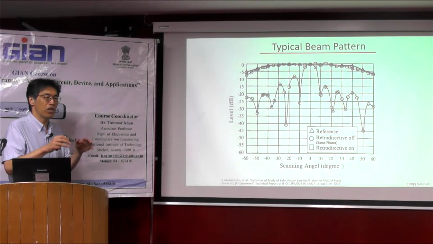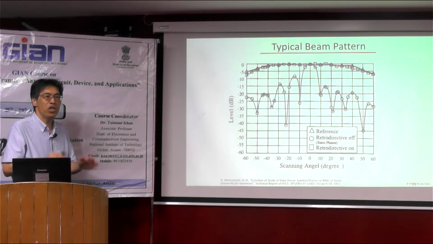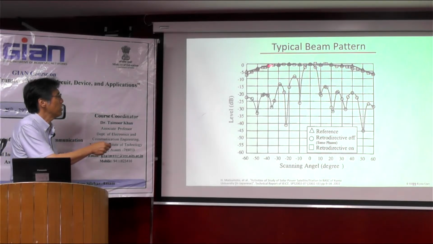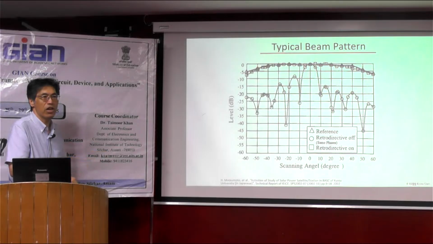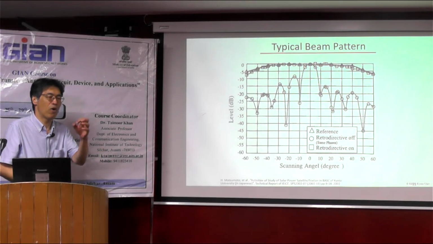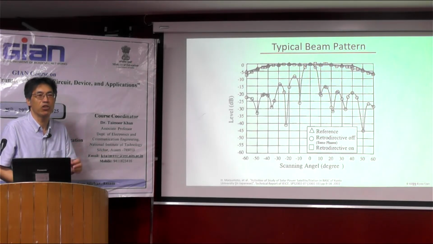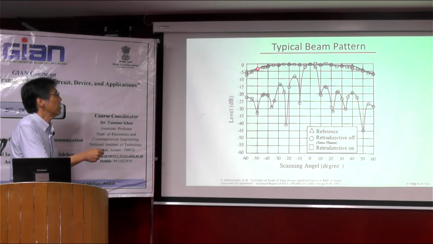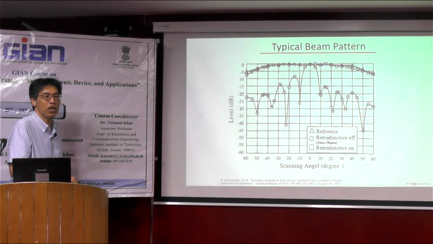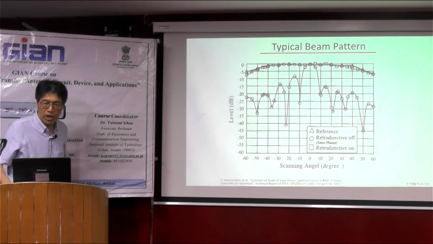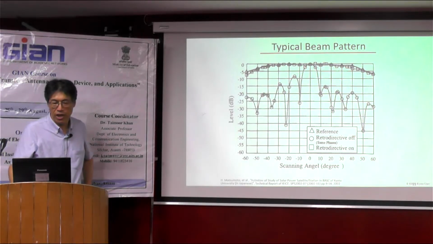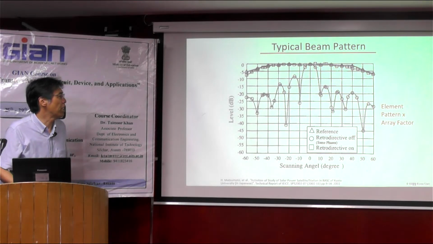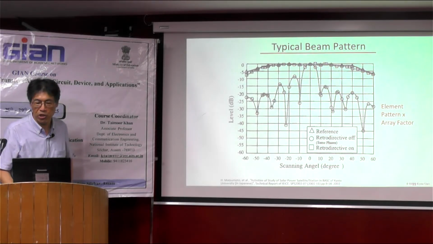But this beam pattern keeps the element pattern, the beam pattern of one antenna itself. So this is just the same as the element pattern itself, for example, one microstrip antenna or dipole antenna. So this is other evidence for the phased array antenna theory. This is very interesting measurement data of the retrodirective system.